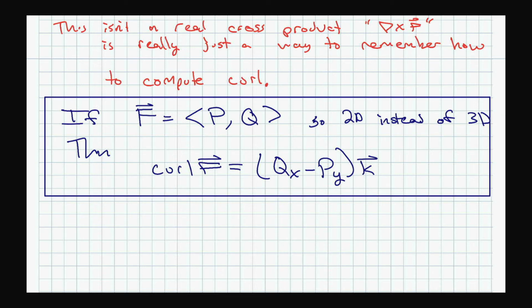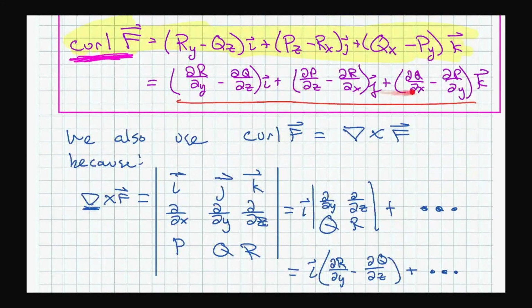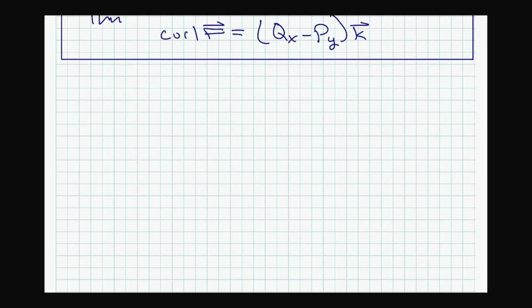Okay. And either way, this is what you want to use for your definition. And so what can we say about it? So first of all, it is a vector, right? Let me write this. Since curl F is a vector, right? And vectors have direction. What does the direction mean?